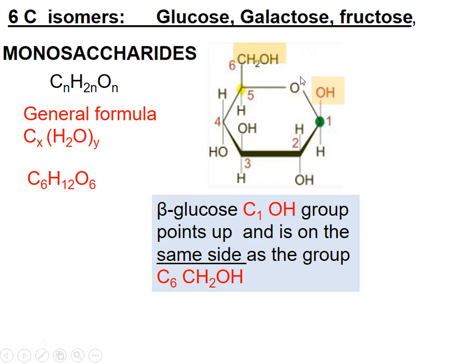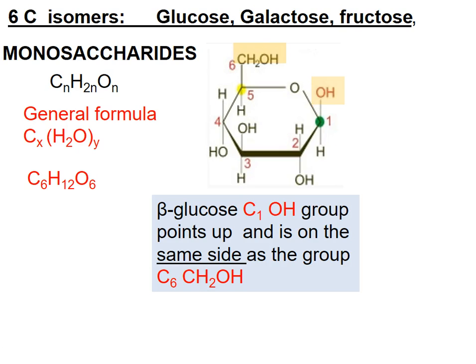Just like when we did cis, we got the smallest ones on the same side, like sisters. A way of remembering it might be B, cis, same. B sisters. So the B ones are on the same side as this CH2OH. This CH2OH we'll use later on. It's not got an OH on the other side, it's just got a hydrogen.